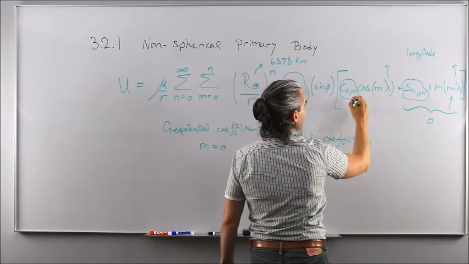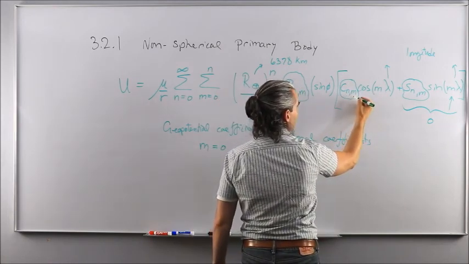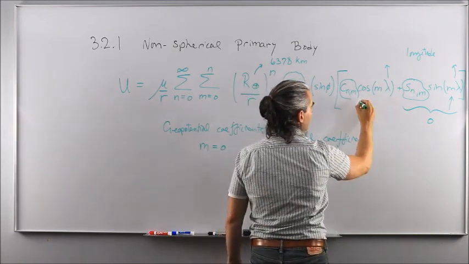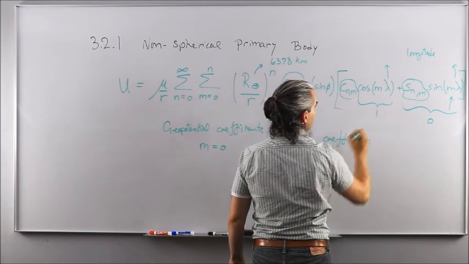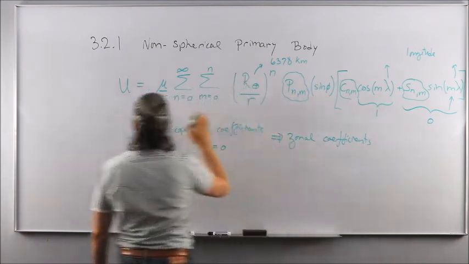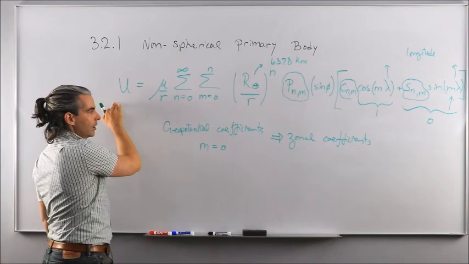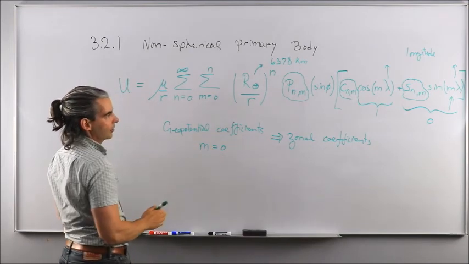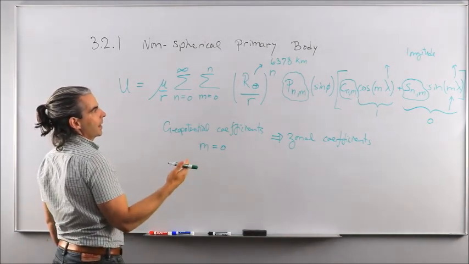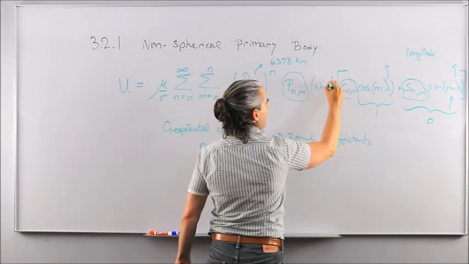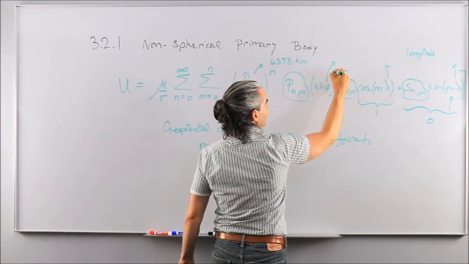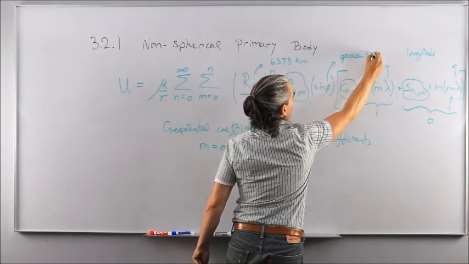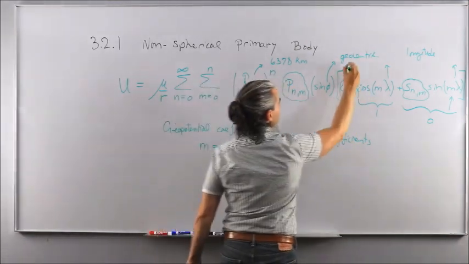And then here we're going to get C_n0 cos of the longitude of, well, just 1 actually, because cos of 0 is 1. Which means that the geopotential function U, whenever we assume that m is equal to 0 for our geopotential coefficients, is going to express the dependence on the spacecraft position in terms of geocentric latitude only on the potential function U.